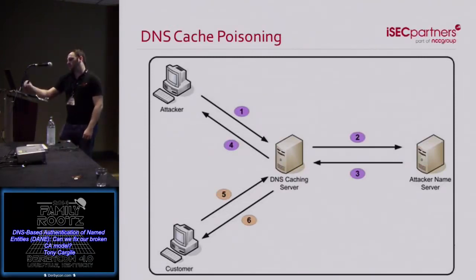While that server recursively looks for the record for bank.com, it allows a window of opportunity for an attacker to send a response to that caching server pretending to be the name server. If the attacker is able to match that query ID, the caching server accepts the result, shoots it back to the client, and also caches that response. So now anytime anybody comes to this DNS caching server and wants the address for www.bank.com, everybody is getting sent to an attacker's name server. This was a pretty old attack.